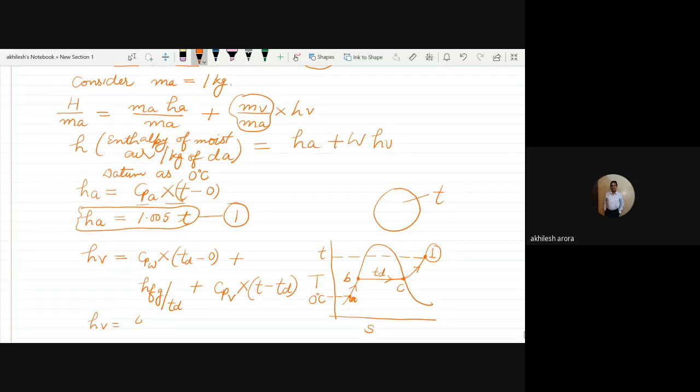Now what is the value of CPW? 1.4868 into TD plus HFG corresponding to TD plus the value of CPV, which is 1.88, into T minus TD. So this is the expression for the HV.